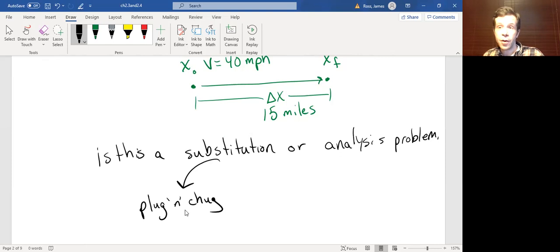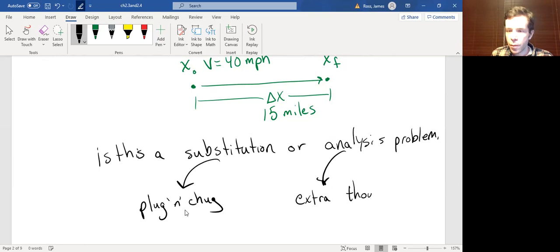You just take your equation, plug in the numbers, and you got your answer. Analysis means, you know, you're going to have to put extra thought into it. This example, I would say, is pretty much a plug and chug, right?